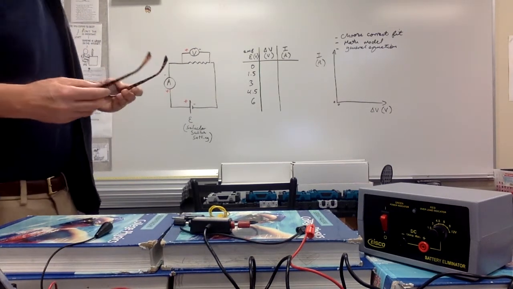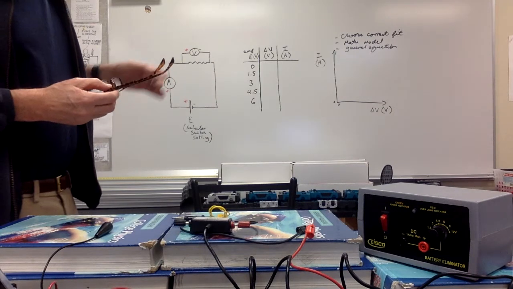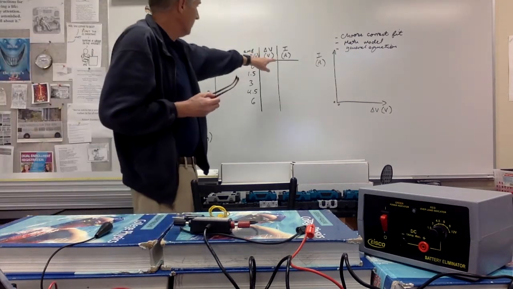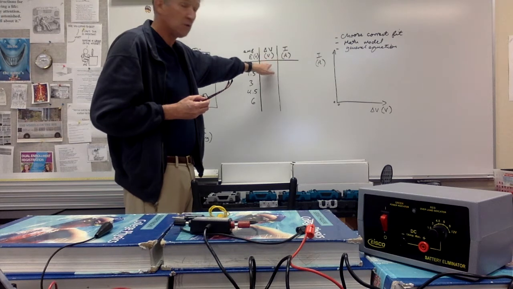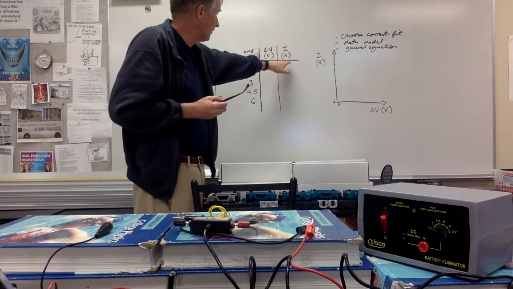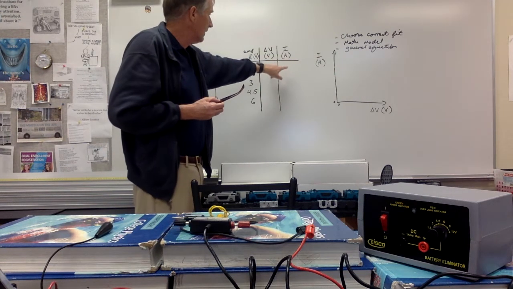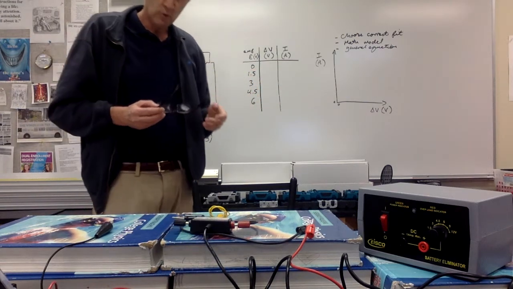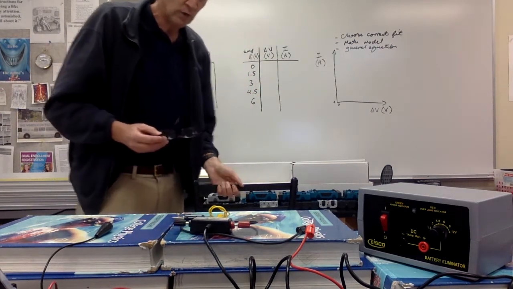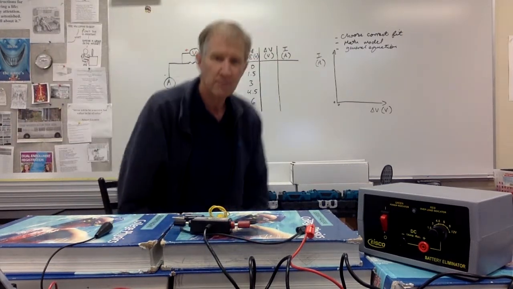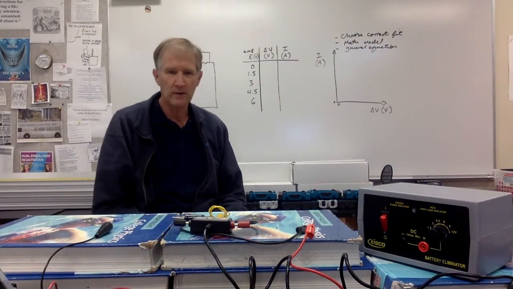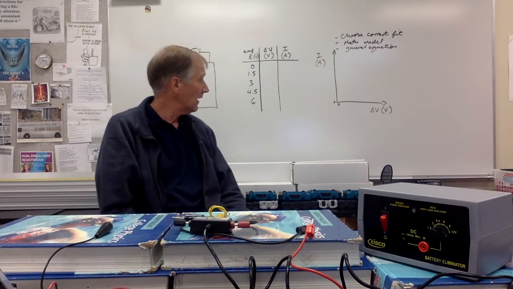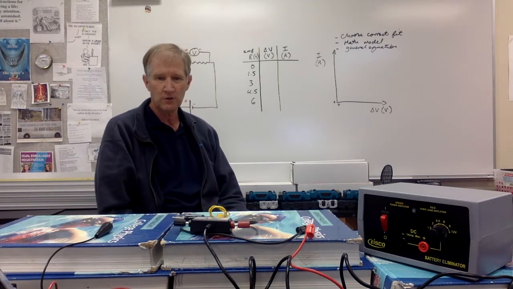So we're going to investigate voltage, potential difference, versus electrical current going through a resistor. Given that the resistance is constant, and that's one of our assumptions, what is the relationship between voltage and current?